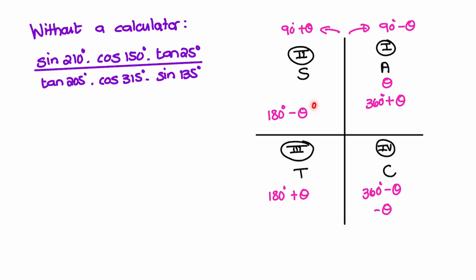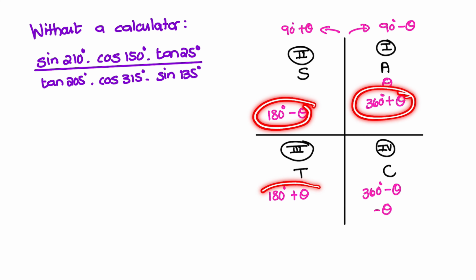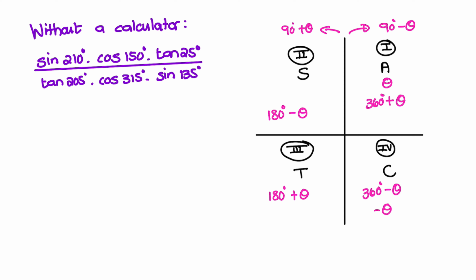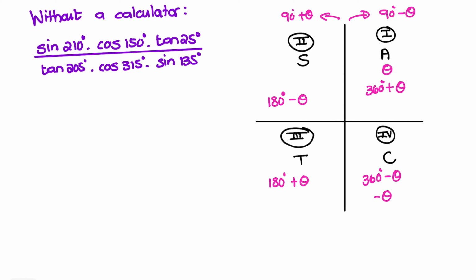We are going to use these reduction formulae to rewrite all of these ratios into acute angles, because the purpose of reduction formulas is to rewrite angle sizes so that it will all be in the first quadrant. Now that we have our little cheat sheet, let us start with the sine of 210 degrees.